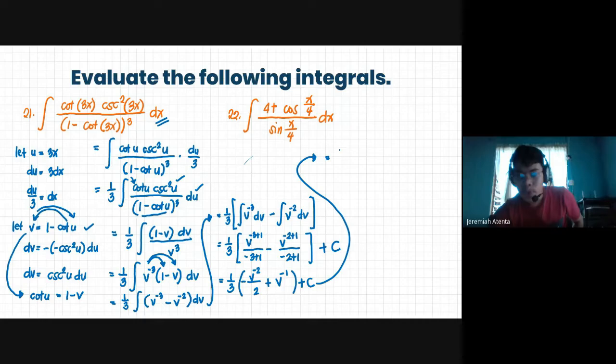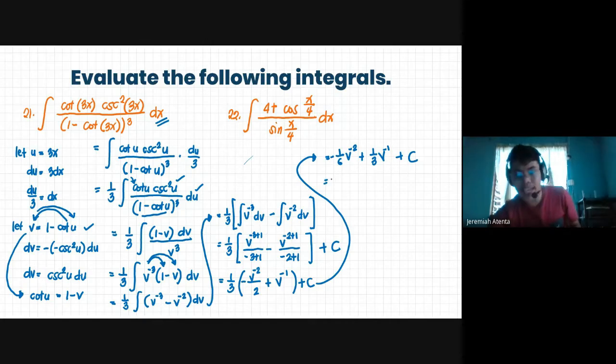So this is equal to 1/3 times negative of v to the negative 2 over 2. This is negative of 1 over 6, right? v to the negative 2. Plus 1/3 times v to the negative 1. That is 1/3 v to the negative 1. And you have plus c.